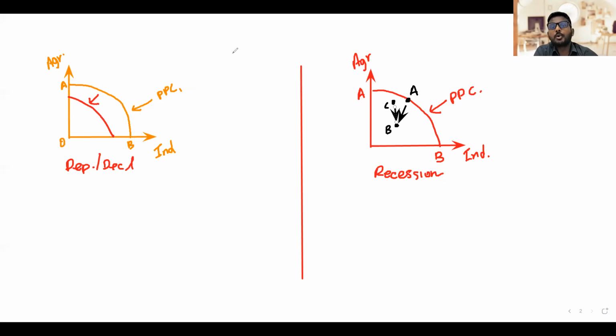So both this decline and recession can happen due to a COVID-19 like pandemic hitting a country. How that affects the country's production capacity depends on how severely the pandemic has hit the country.